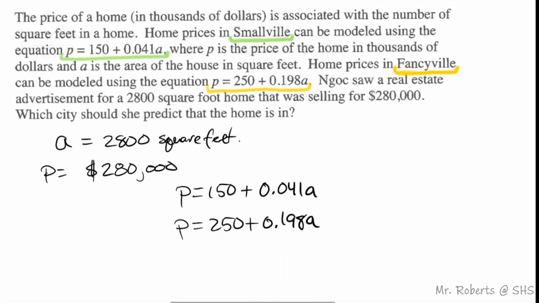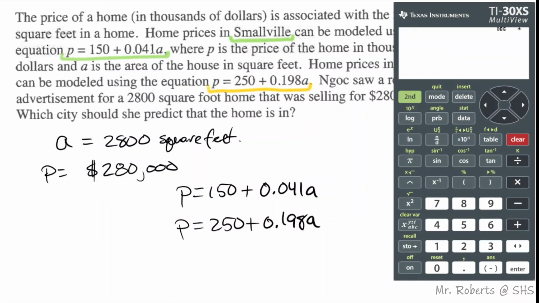So let me grab the calculator here. I'm going to take the square footage, 2,800 square feet, and store that in X. Now I'm going to run through both equations. I've got 150 times 0.041x.